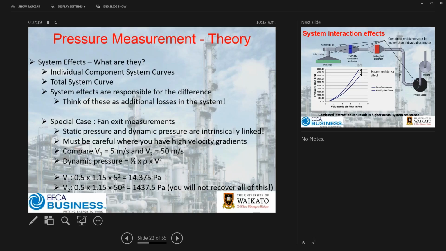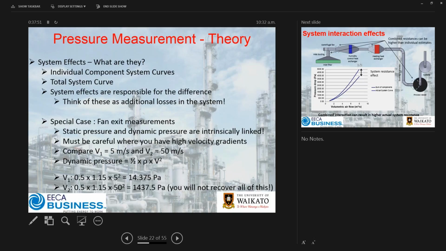So when you look at the difference in your dynamic pressure generated by the two flows in the duct at 5 and 50 meters a second, you can see there your half rho V squared for your 5 meters a second is just over 14 pascals, whereas for your 50 meters a second your dynamic head is over 1400 pascals. Now of course the flow is going to become mixed and slow down below your 50 meters a second, but your challenge is you're not going to recover all of that dynamic head.